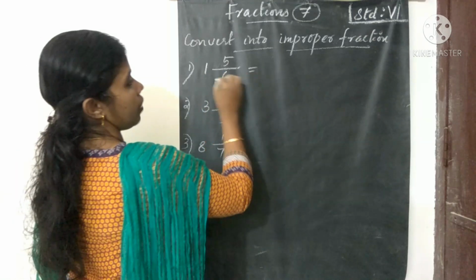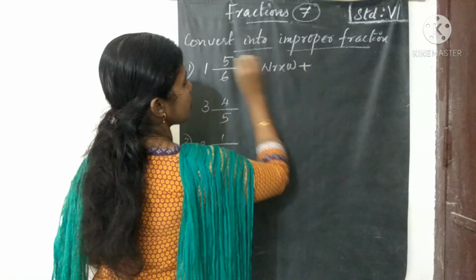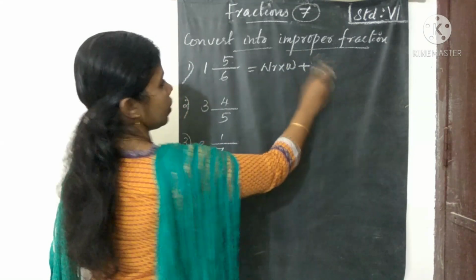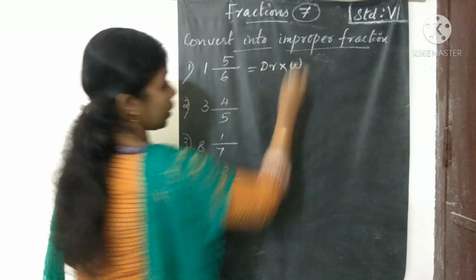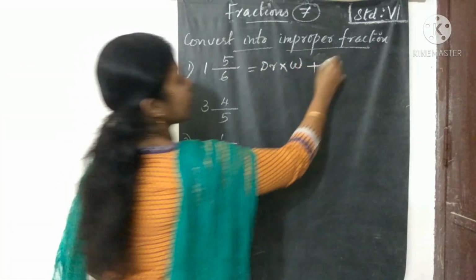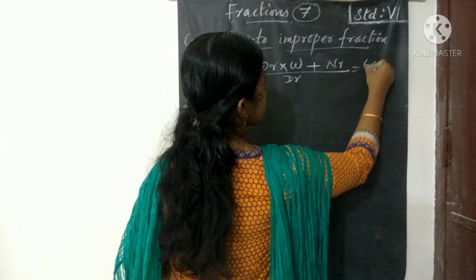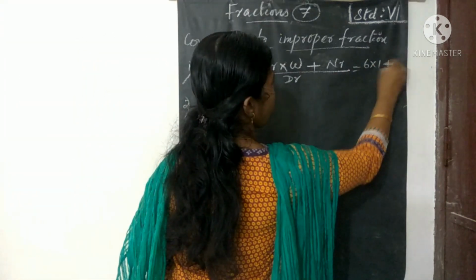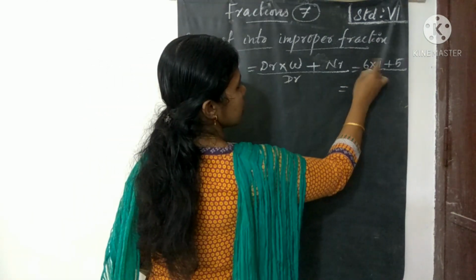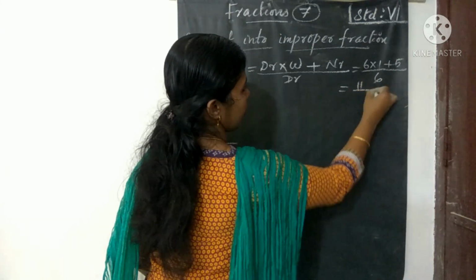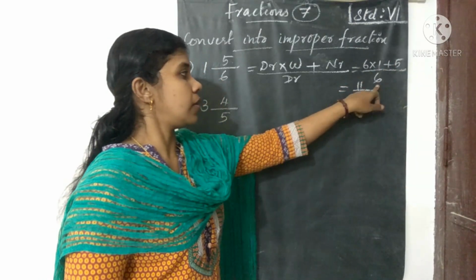Multiply denominator into whole number part, plus numerator, divided by the same denominator. Not numerator into whole number, that is a common mistake. So 6 into 1, plus 5, that is the numerator, divided by the same denominator 6. 6 into 1 is 6, 6 plus 5 is 11. So 11 by 6.